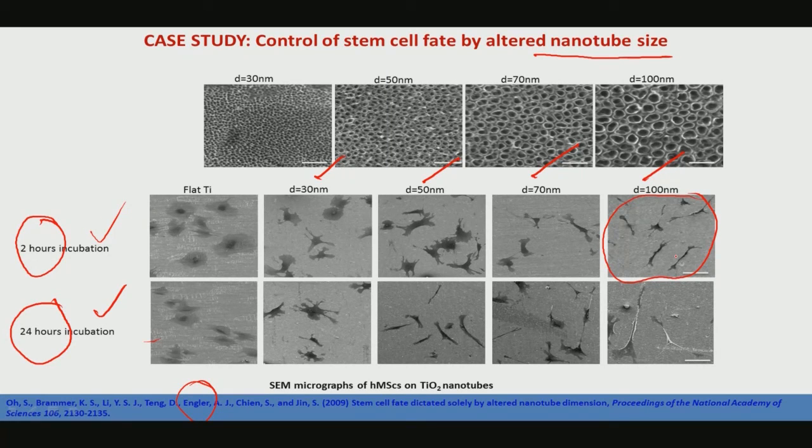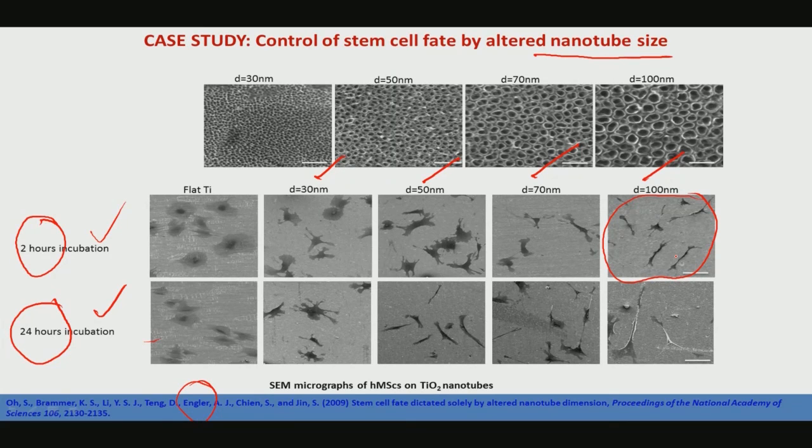Now, with fewer cells attached, each of the cells will have much more space on this particular substrate to alter their morphology. That situation will allow the stem cells to maximize their morphological changes.